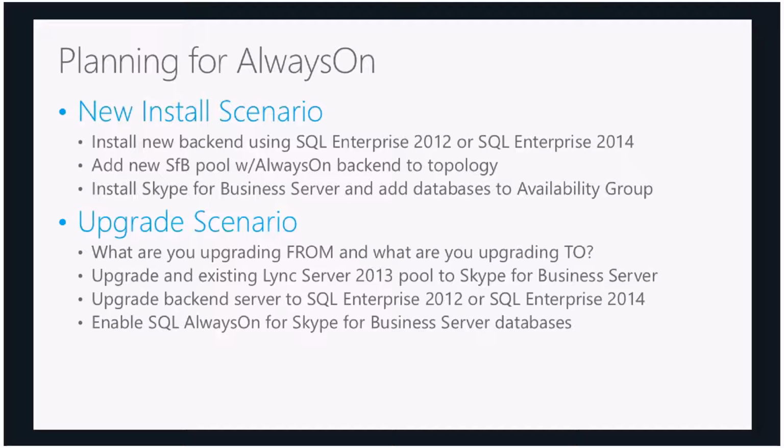So it's important to keep in mind what you're upgrading from and what you're upgrading to, because not every scenario is going to be supported in this type of upgrade path.